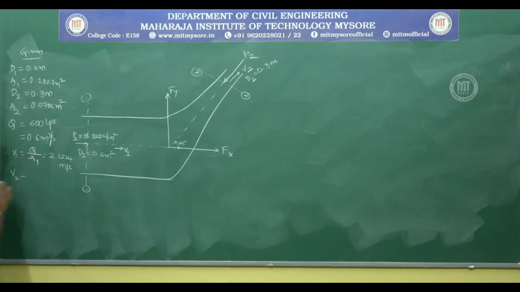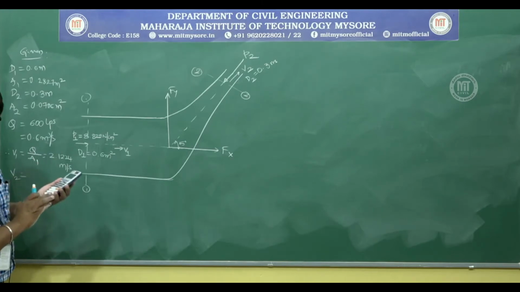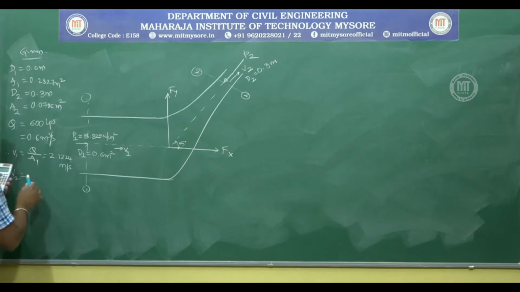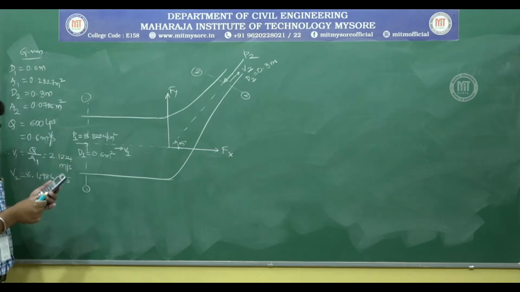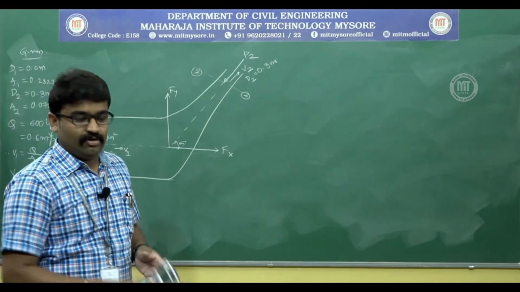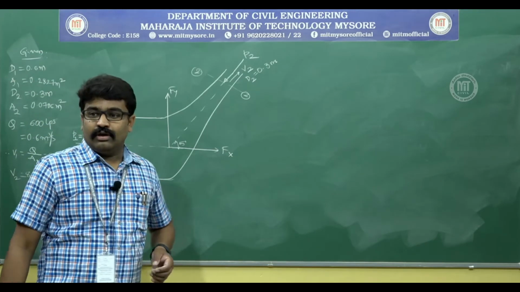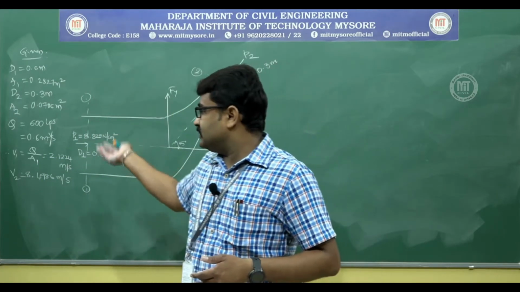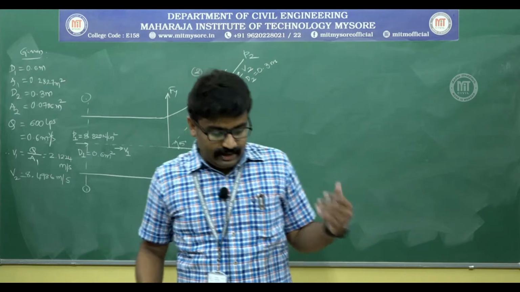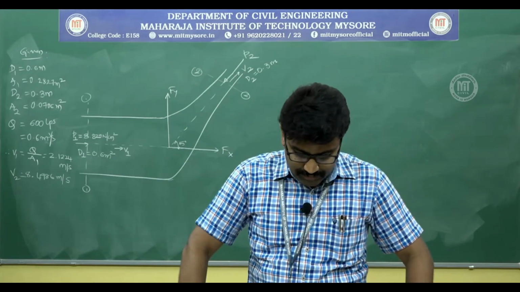Similarly, V2 is 0.6 divided by A2, that is 0.0706, which comes out to be 8.4986 meter per second. So you will have to find out the force exerted, for which you will have to calculate what actually is P2. Only then you will be able to solve this problem.